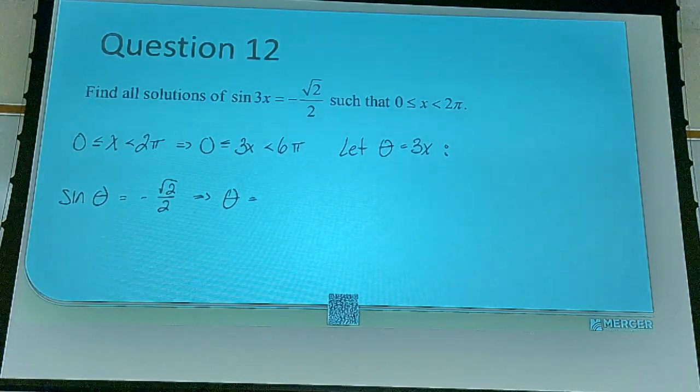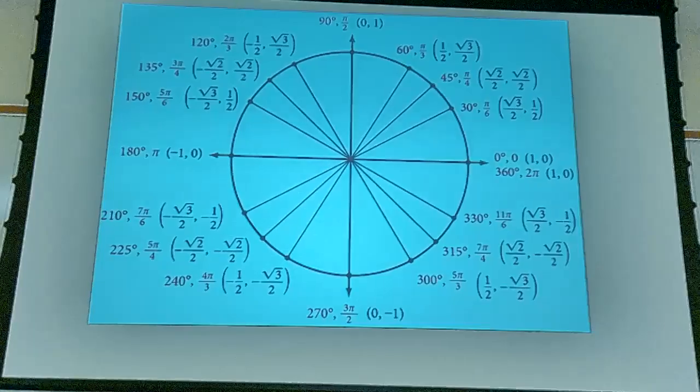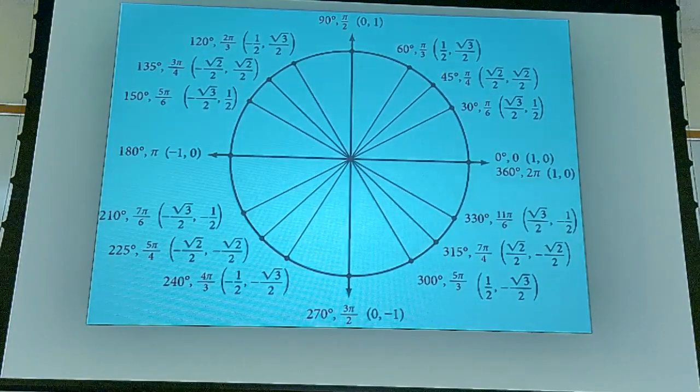Where does sine equal -√2/2? 5 pi over 4. And where else? 7 pi over 4. Are they all the angles between 0 and 6 pi? That's 6 pi. They're not, right? Yeah.